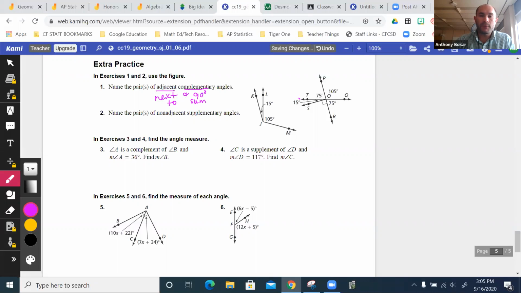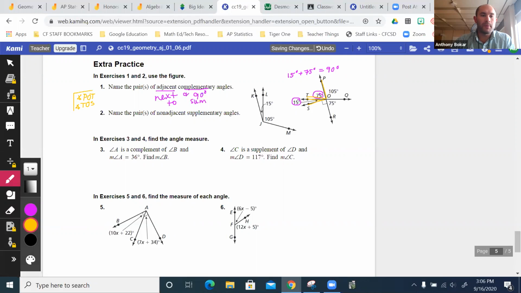Okay. So I have 15 and 75. I know that 15 plus 75 is 90 degrees. So what does that tell me? That tells me that this angle here, POT, so we know that angle POT and angle TOS, they are next to each other and they add to 90.